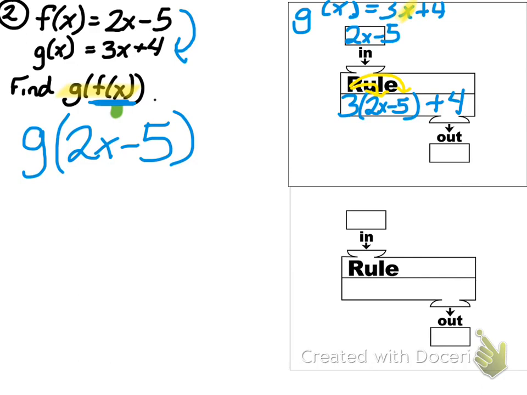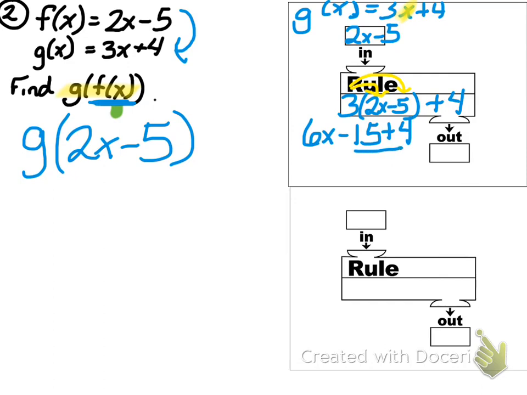It is not going all the way over to the 4 because the 4 is not in the parenthesis with it. So it's 3 times 2x, 6x, 3 times negative 5, negative 15, plus 4.